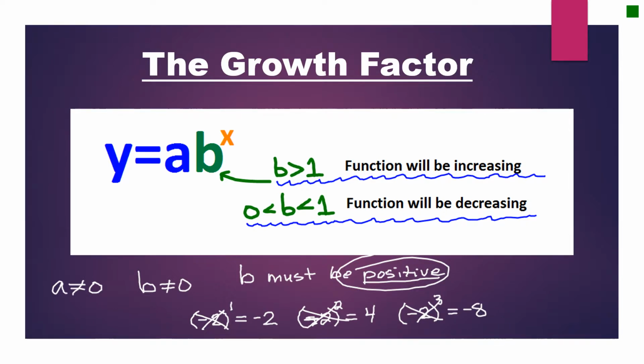If I raise -2 to the power of 3, I'm going to get -8. And then to the fourth power would be +16. So you can see that it jumps back and forth between positives and negatives. Every time you have an even power, it would turn positive. An odd power would turn negative, and it would jump back and forth and back and forth, and that won't work. So b cannot be a negative number. Always has to be positive.